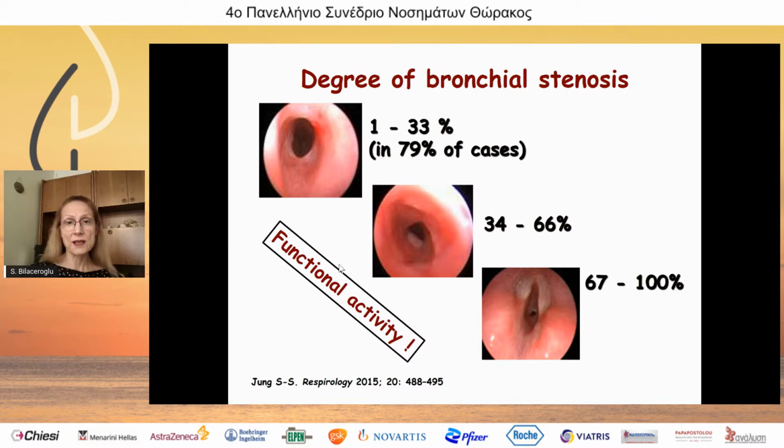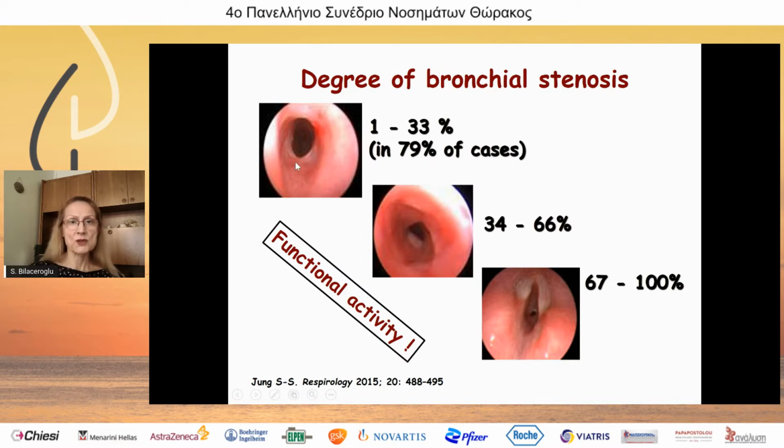Let's give an example. This patient with moderate stenosis has a lumen obstructed about 34% to 66%. If this patient is very sedentary, he may not be symptomatic and have no dyspnea.